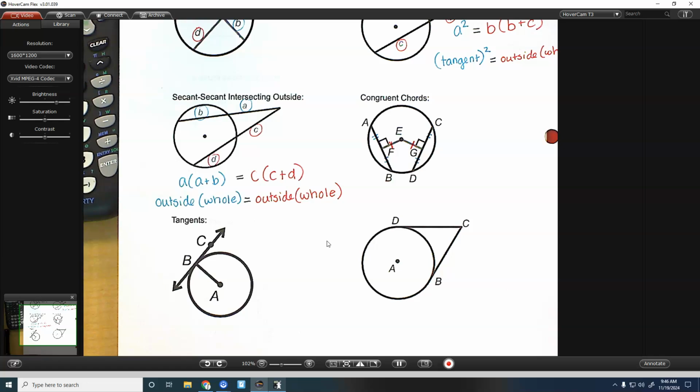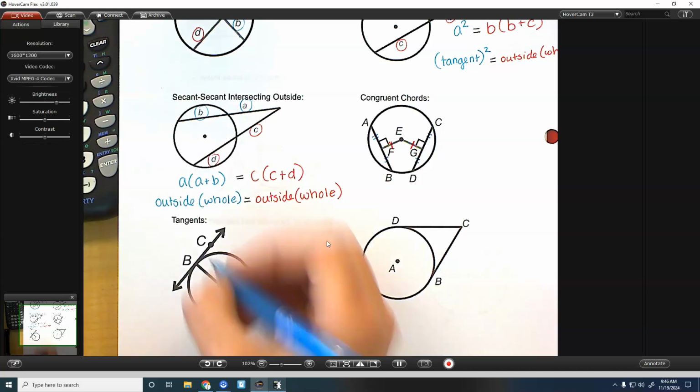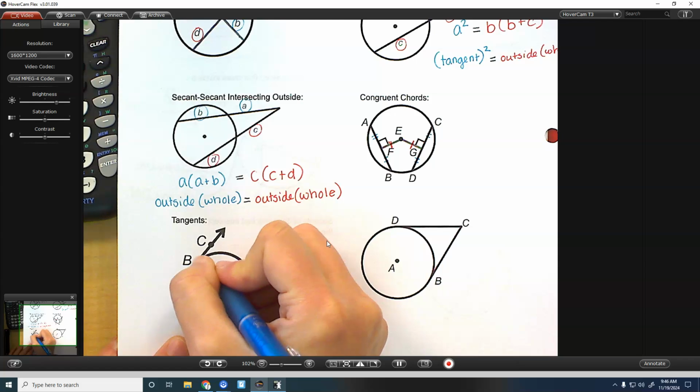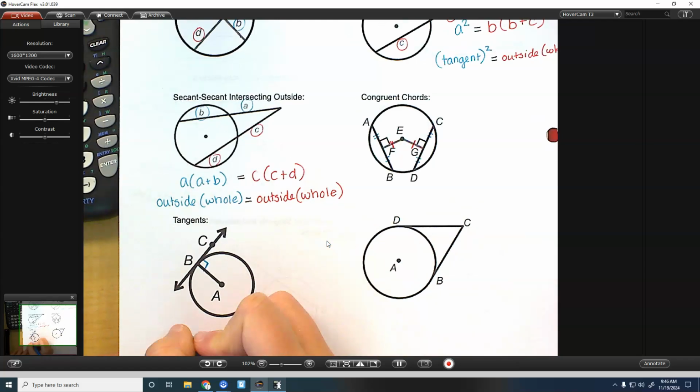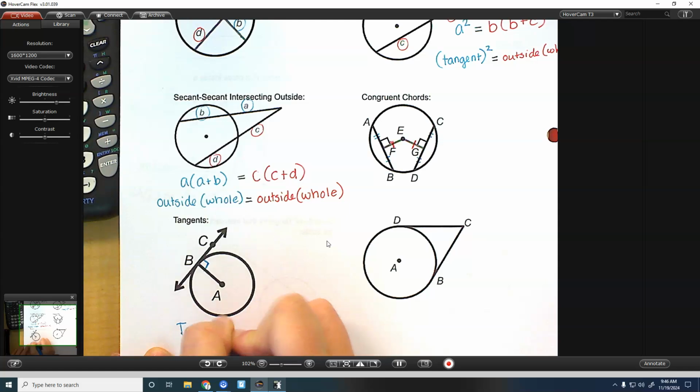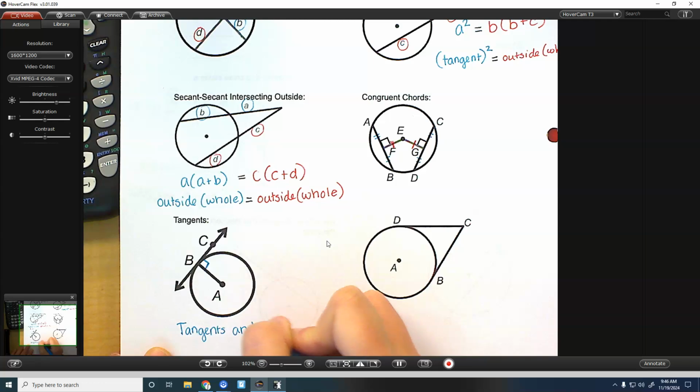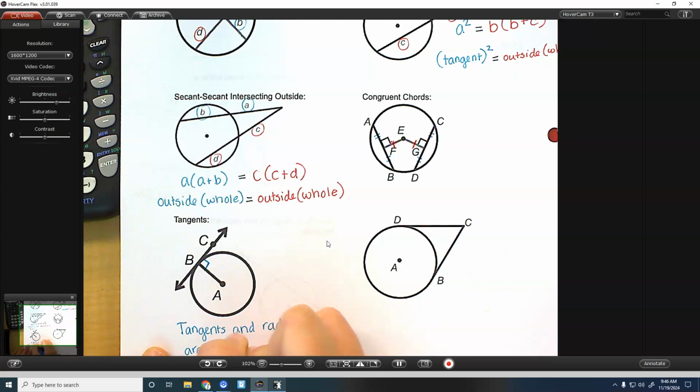For the picture down there on the bottom left, you just need to draw in a right angle here, and I'm going to write tangents and radii are perpendicular.